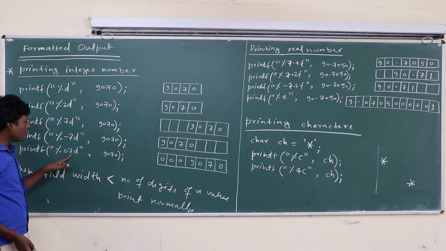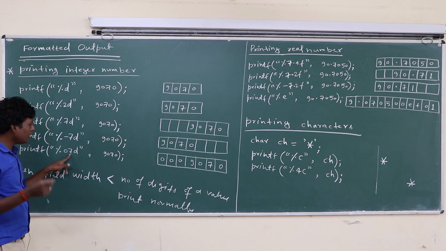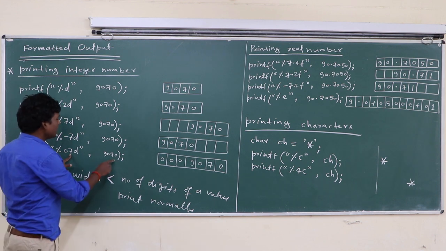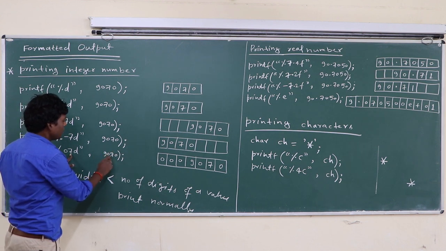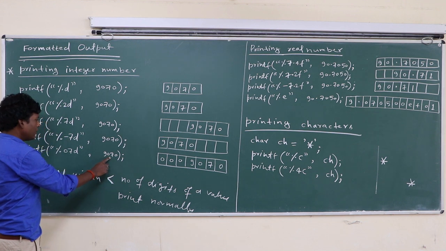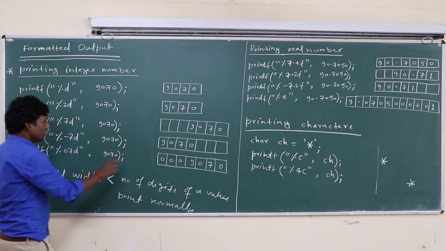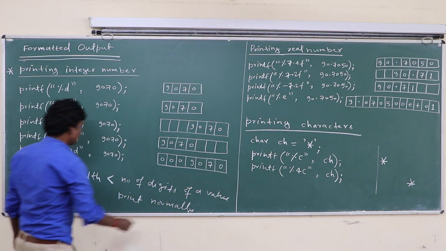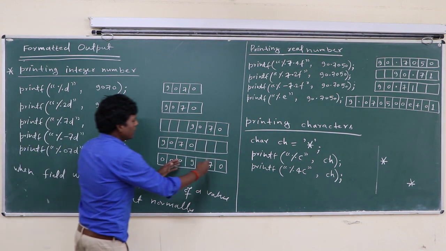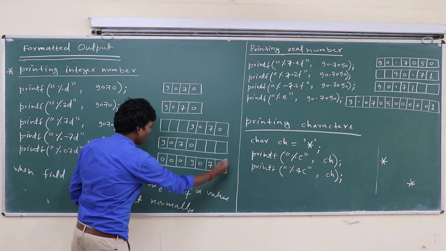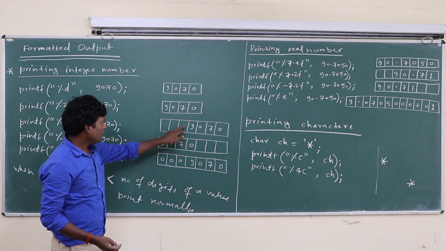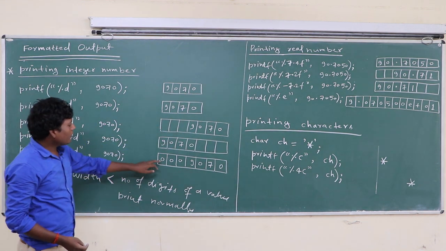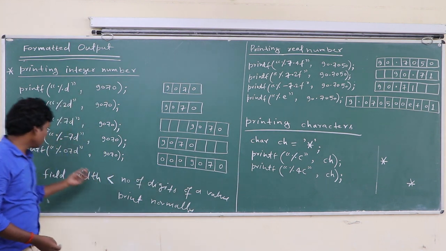So there will be 7 blocks, and this 7 is the field width, and this field width is greater than the number of digits, so we can justify this number in 7 blocks. It is positive, so it will be right justified, printed from the right side, and the remaining blocks which were previously vacant are filled with zeros, because here is a 0.